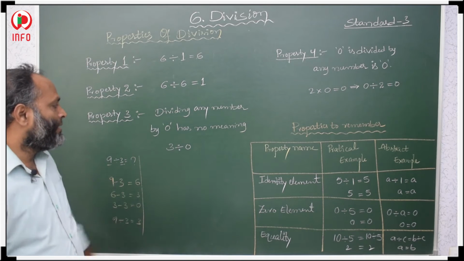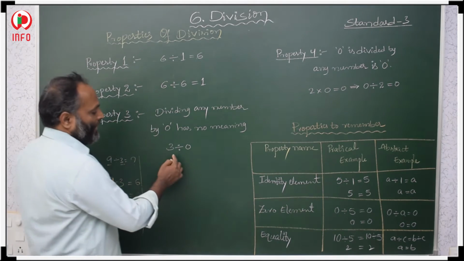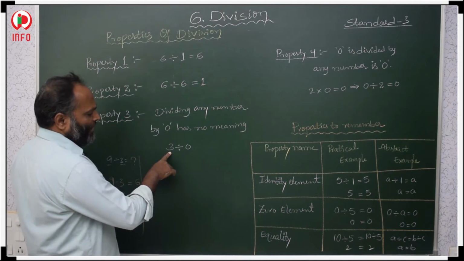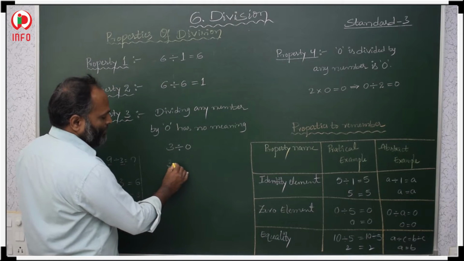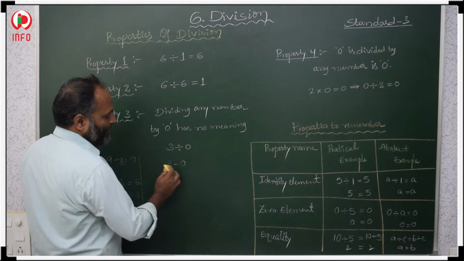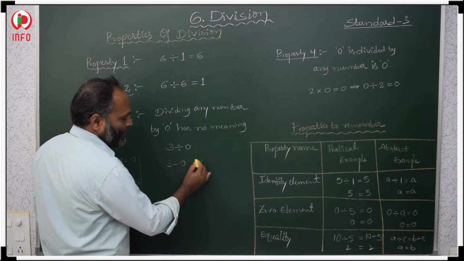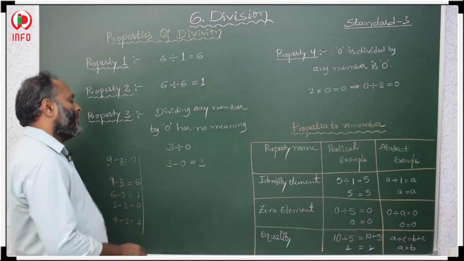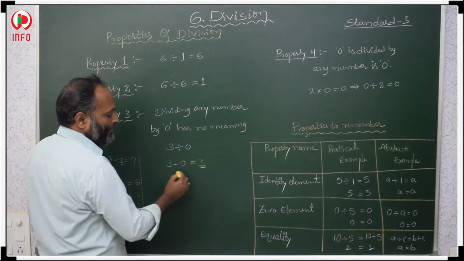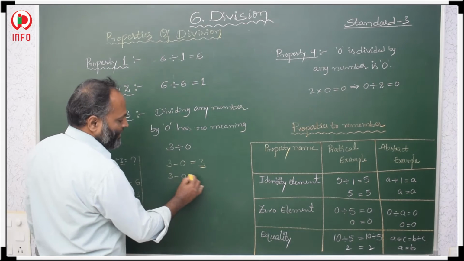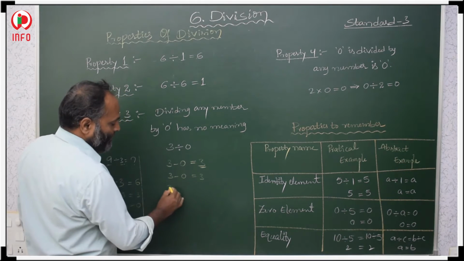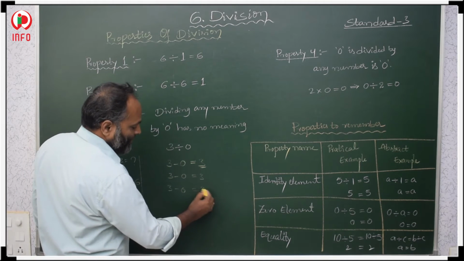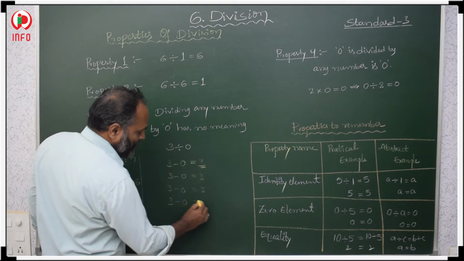See, if you follow the same method here, what happens? Here 3 is the dividend. Dividend minus divisor: 3 minus 0 is 3. Again, remainder minus divisor is 3. Again, remainder minus divisor is 3.